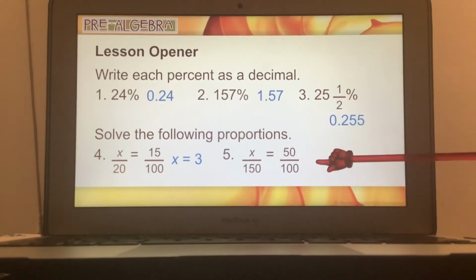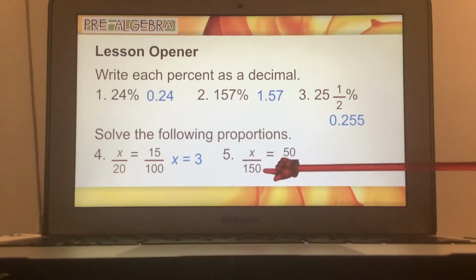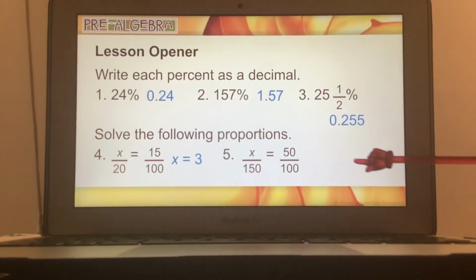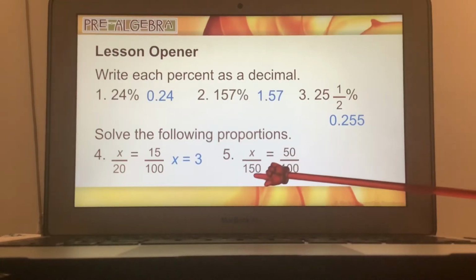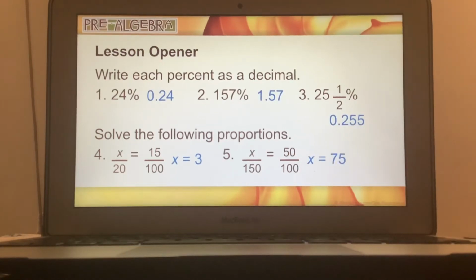That's going to be 100x equals 150 times 50. And when you write that out, you have x equals 150 times 50 divided by 100. That's going to be your x. And you can just easily eliminate the zeros, and we would end up with 15 times 5. And your final answer for that is 75.